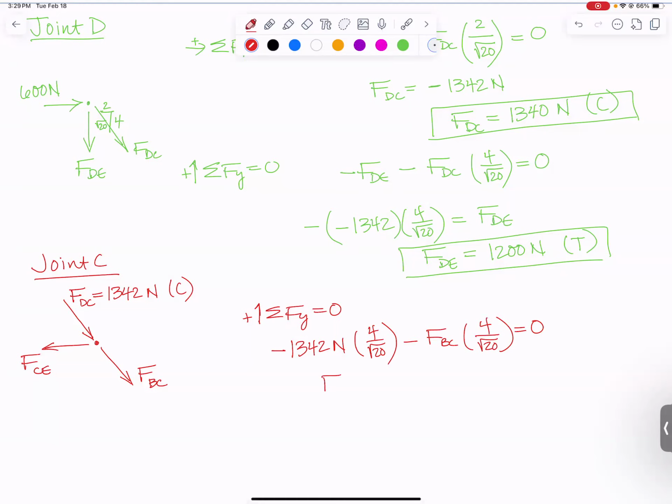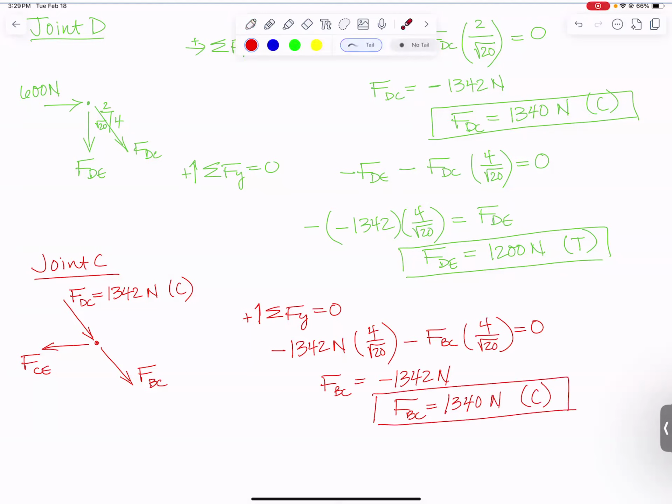Solving, I get that FBC is minus 1342 newtons. So my final answer I would report would be, rounded to 3 sig figs, 1340 newtons. And because it came out negative, it is also in compression. I think that ought to make sense, sort of, that if we're pushing down, this member up above is pushing down, this one should be pushing right back up at it, and those should cancel out.